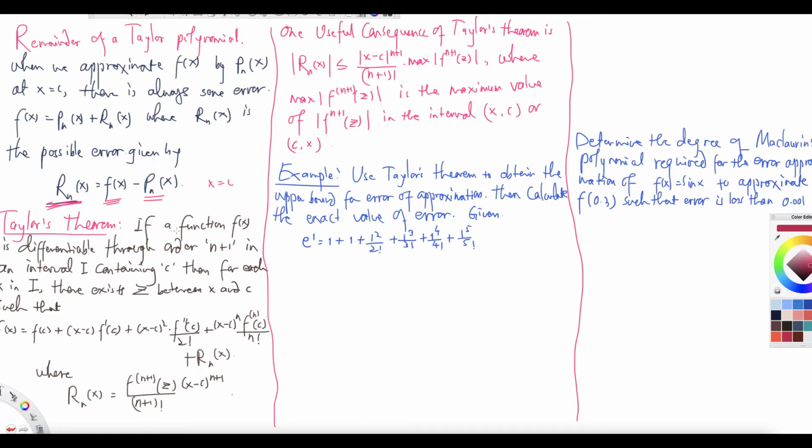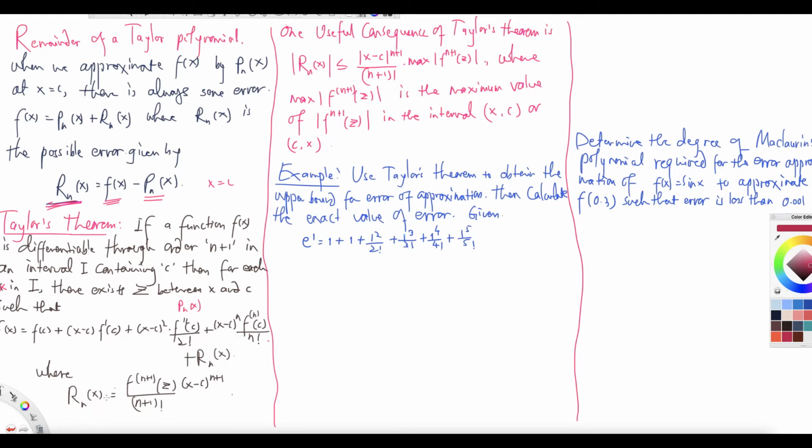If a function f(x) is differentiable through order n plus 1 in an interval I containing c, then for each x in I, there exists a g between x and c such that f(x) equals f(c) plus the first n terms, which are p_n(x), plus R_n(x), that is the remainder.